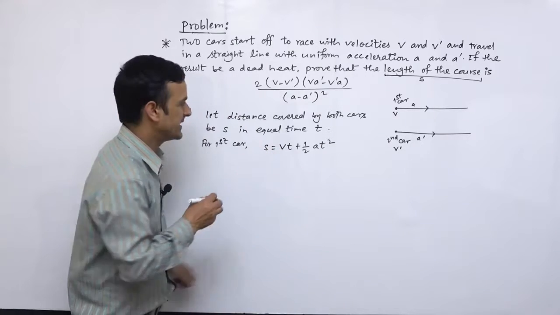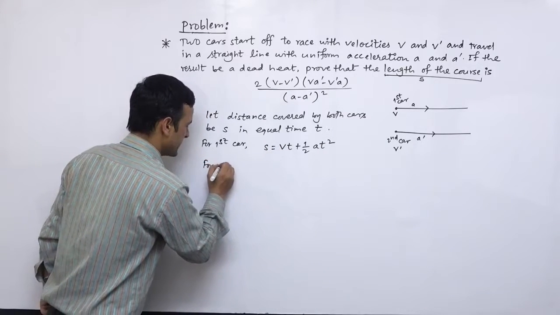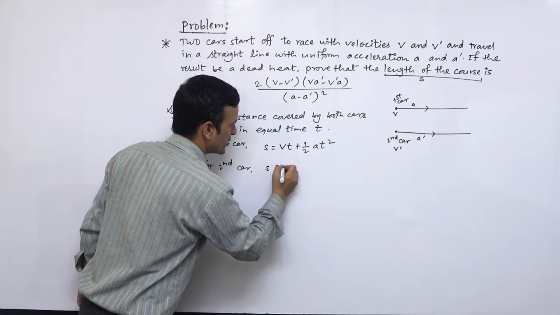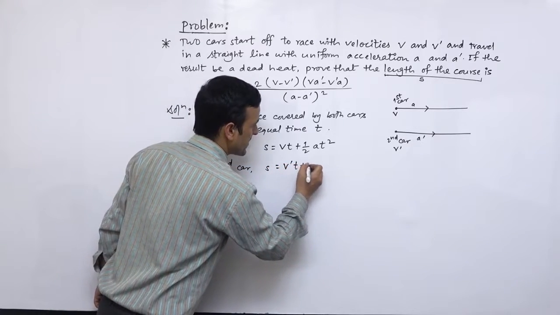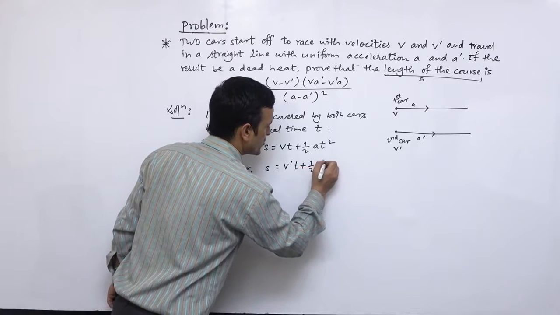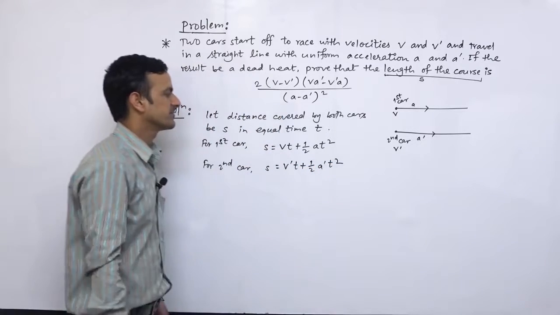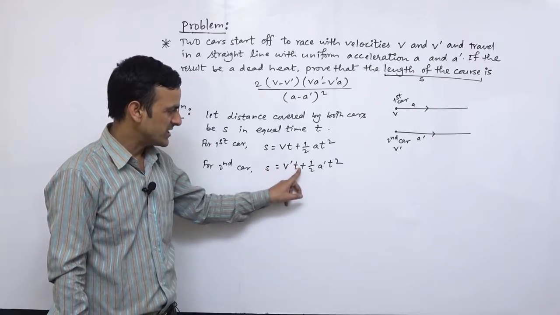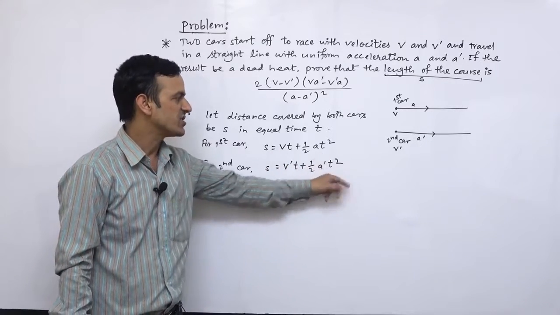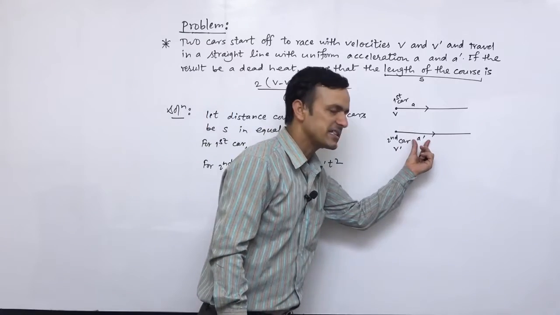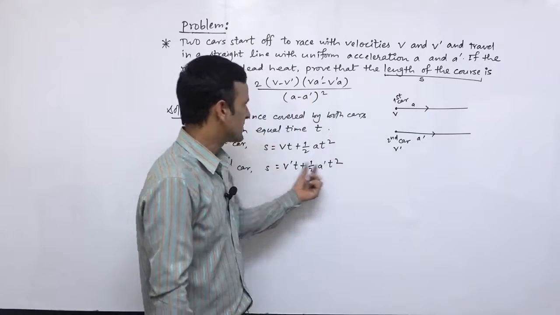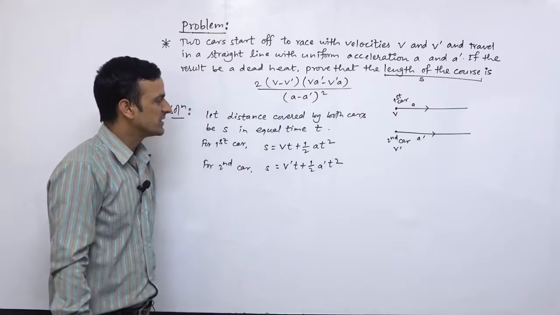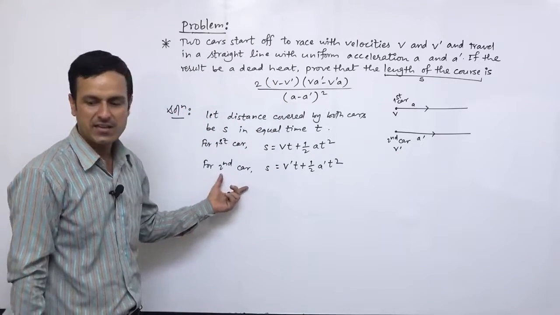And for the second car, s is equal to v dash t plus 1 upon 2 a dash t square. Here its acceleration is a dash and its velocity is v dash. So in this way we can find out the distance covered by both cars.